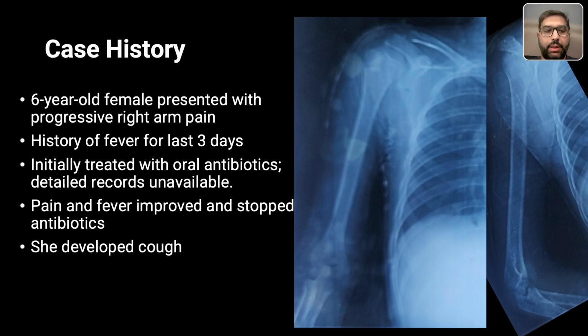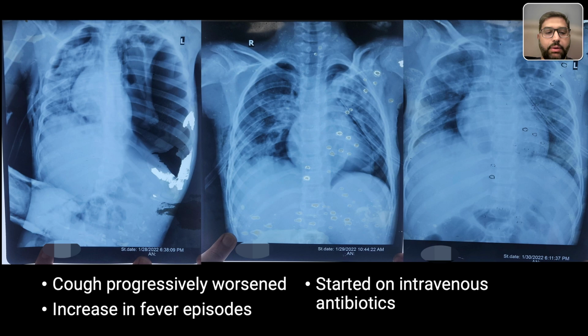With the cough progressively worsening, there was an increase in feverish episodes. As they say, the chest X-ray predates the pathology that's going on by about a week. So although her symptoms were getting a bit better, her chest X-ray started deteriorating.